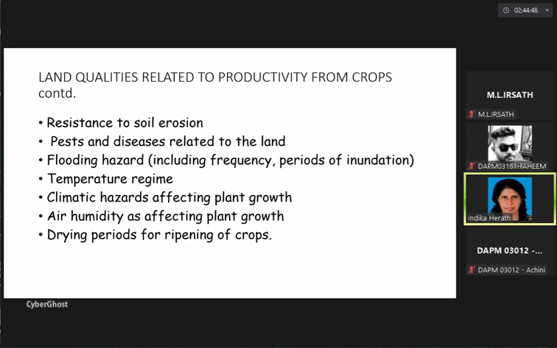And also next one is the drying period, especially for ripening crops. We need to have a dry period, especially if you think about paddy cultivation during harvesting. So we definitely need a dry spell, right?